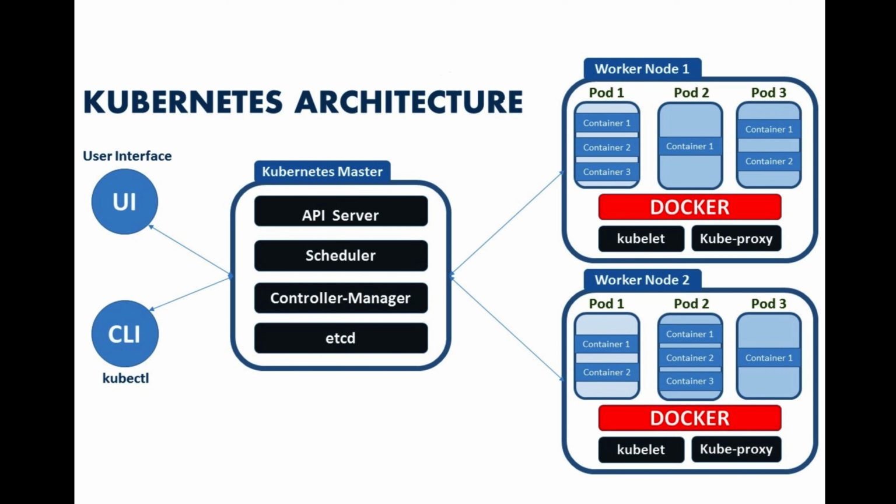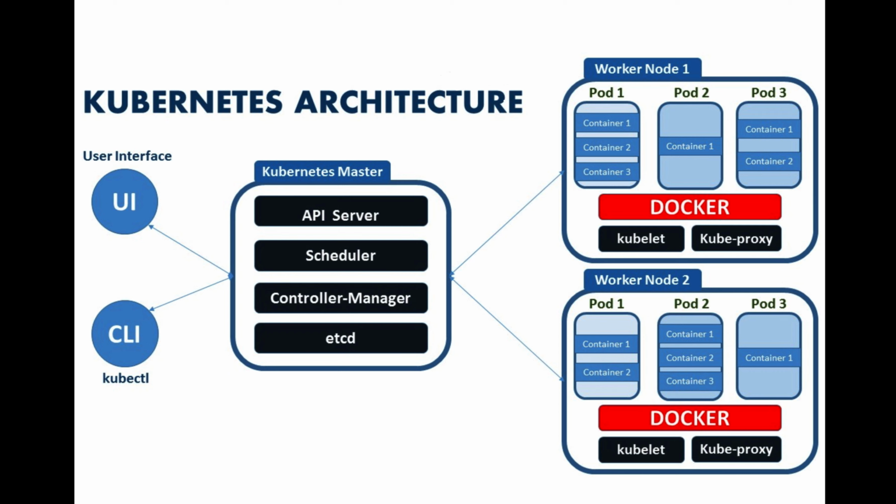So the controller manager actually makes sure that the current state of the cluster is the same as the desired state. What I mean by that is, if you have a container running on this cluster, the desired state of that application is to run 3 containers.